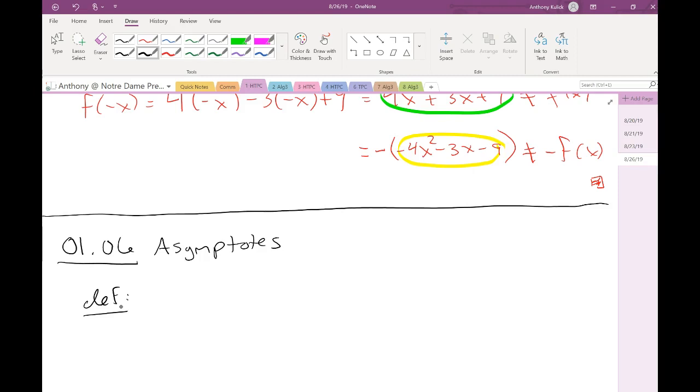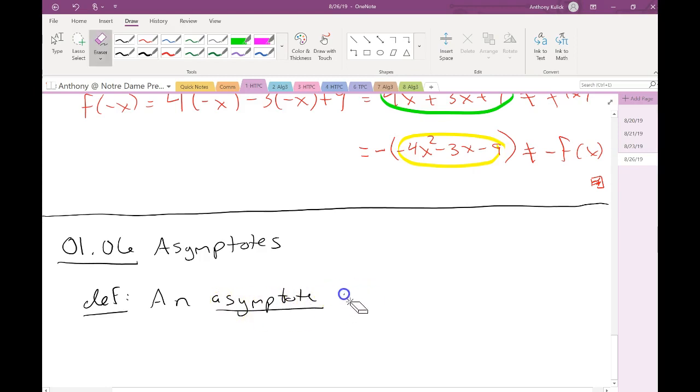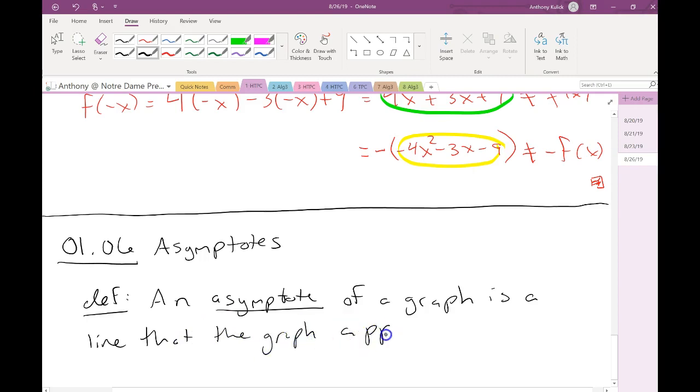That's an excellent definition. So we say an asymptote of a graph is a line that the graph approaches but never touches.